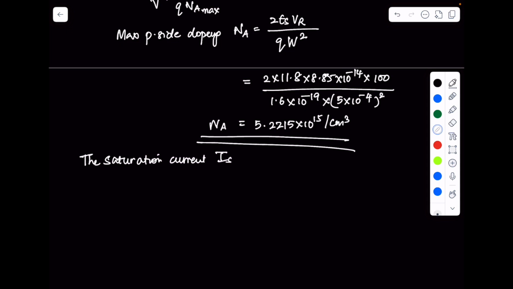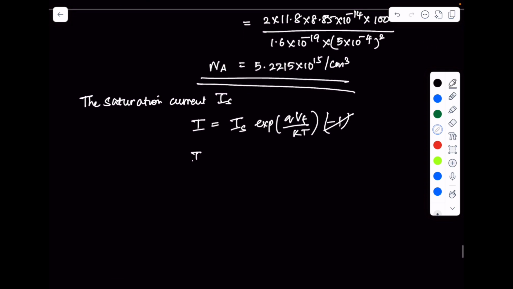I is equal to IS exponent of QVF by KT. I'll neglect the minus 1. So in other words, my IS is going to be I exponent of minus QVF by KT.